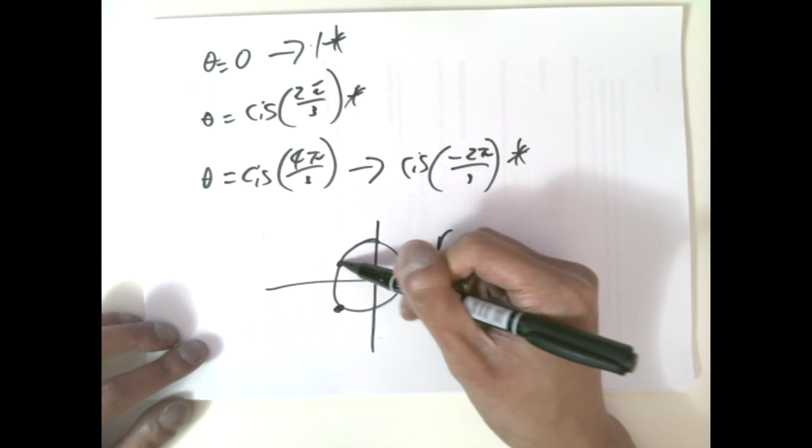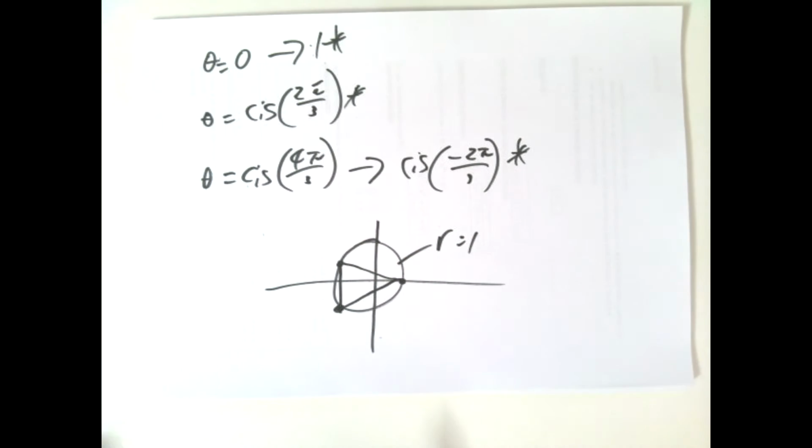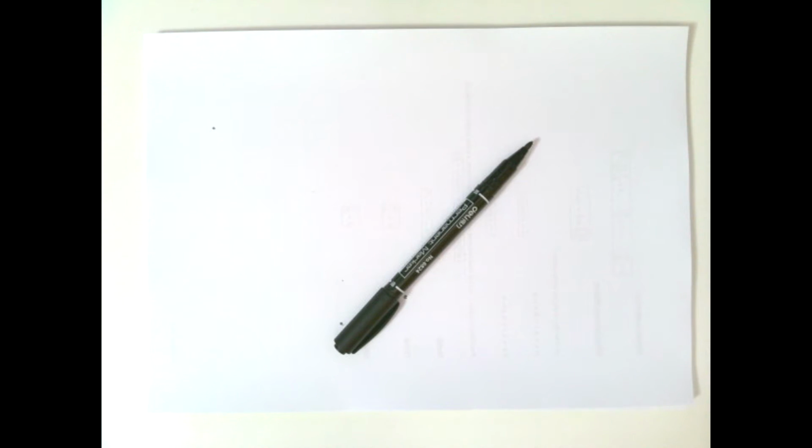So they're going to form the vertices of an equilateral triangle. As the cube roots of unity form the vertices of an equilateral triangle, this answers our question as to why a polynomial must have all real coefficients before the complex roots occur in conjugate pairs.